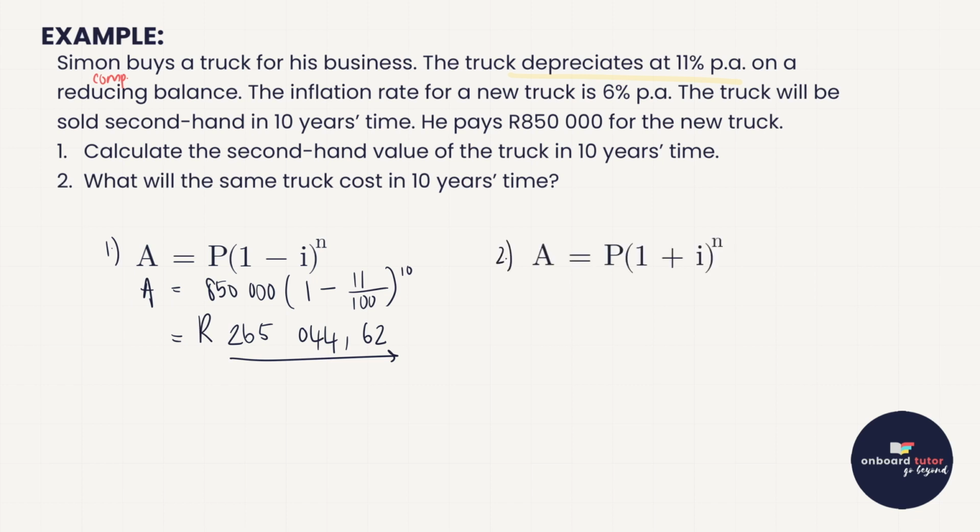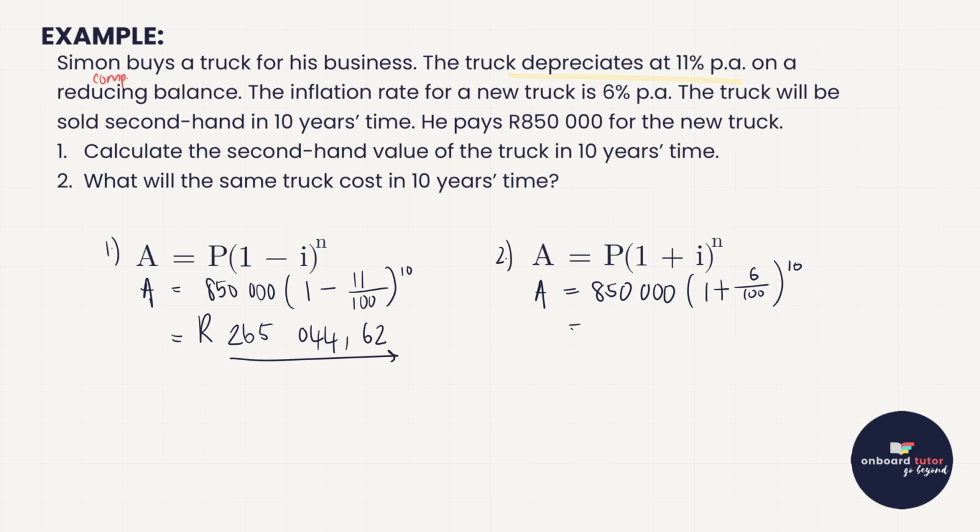This time the truck is appreciating. A, what it is going to be in the future, is equal to, presently it's 850,000 Rand, (1 plus the inflation rate of 6%), so 6 over 100, that's an annual thing, and it's for 10 years. Let's pop that into our calculator.